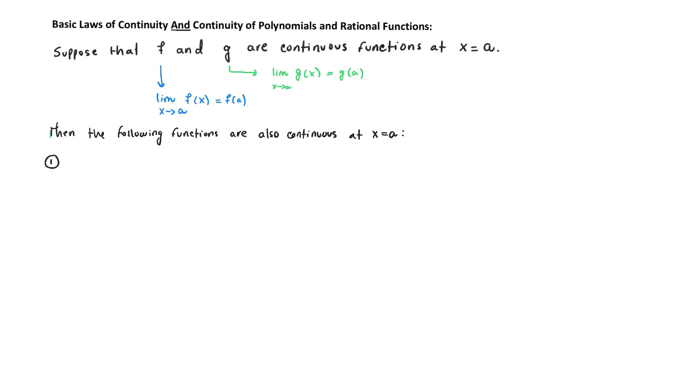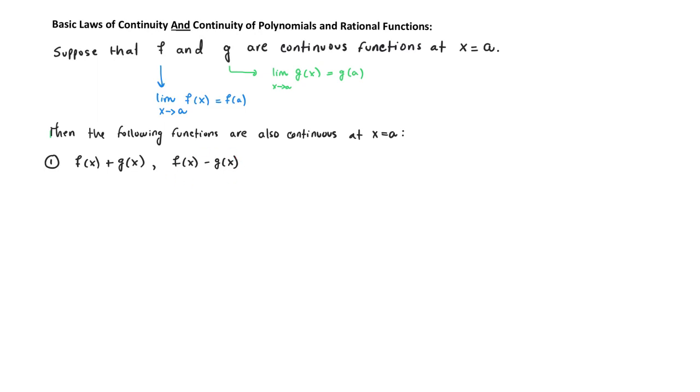Number one, if we decide to consider a function which consists of the sum of f of x plus g of x, or let's say f of x minus g of x, then in this case, the sum or the difference will also be continuous. And this will be continuous because f is continuous and g is continuous at x equals a. So the sum is also going to be continuous. The difference will also be continuous.